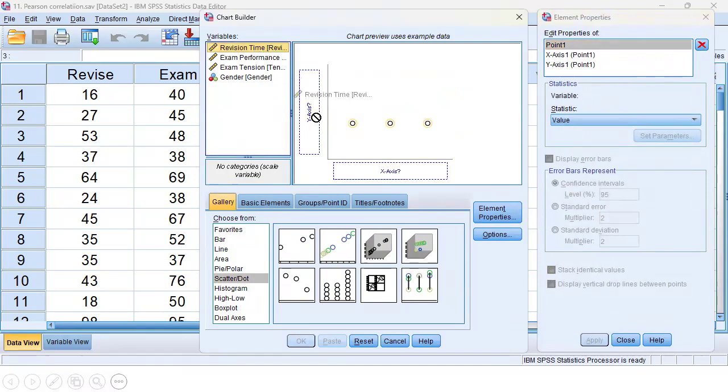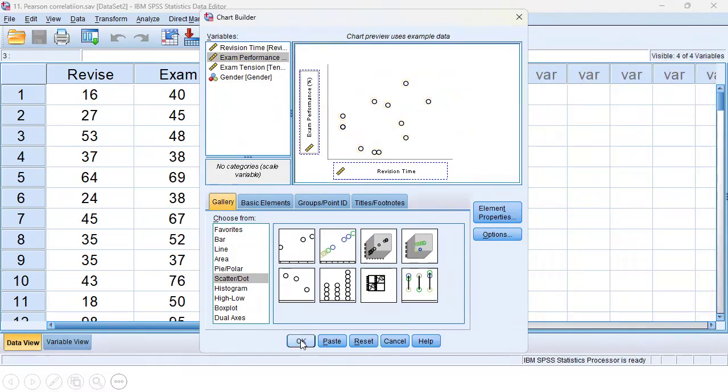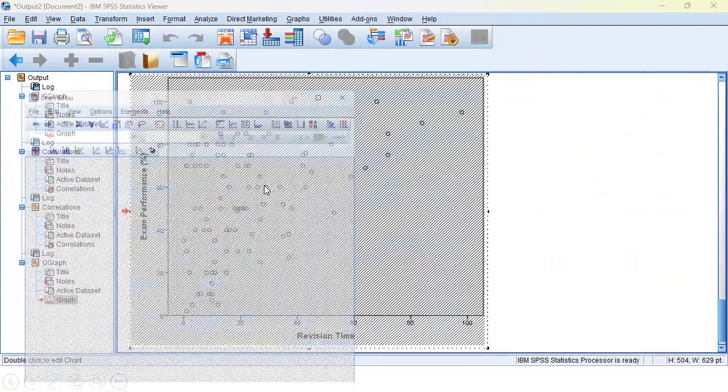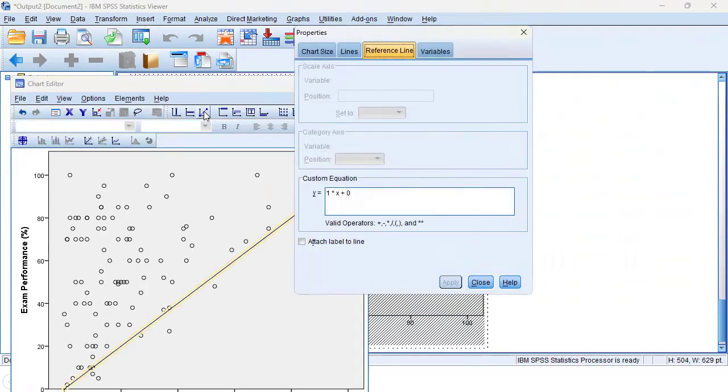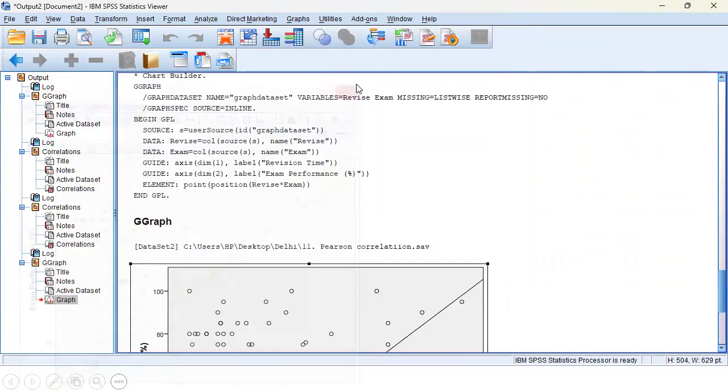Revision time and exam performance. So there should be positive correlation. So you just check through the scatter diagram. Yes, there is a positive correlation, and you can see the two are positively related to each other.